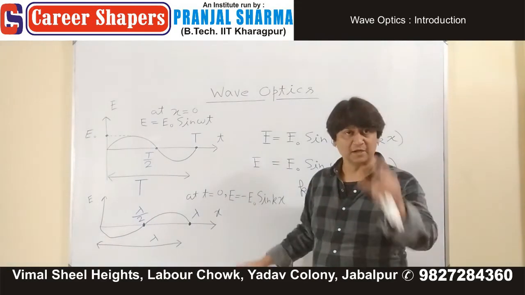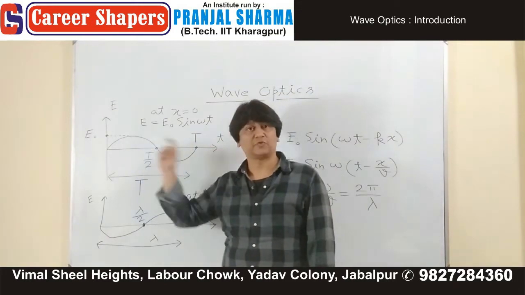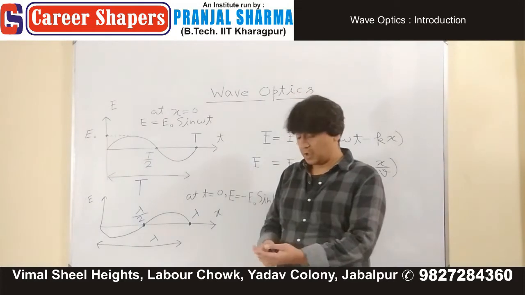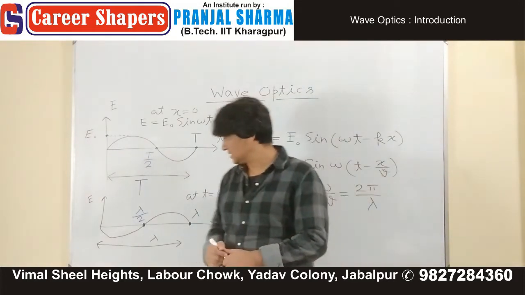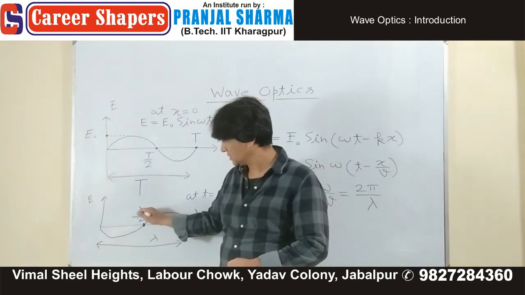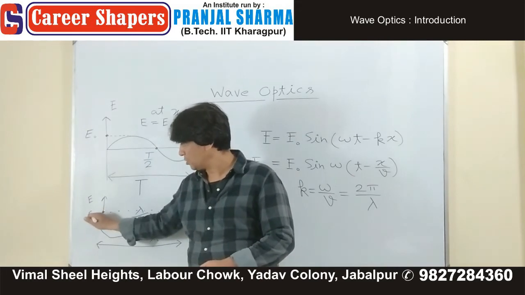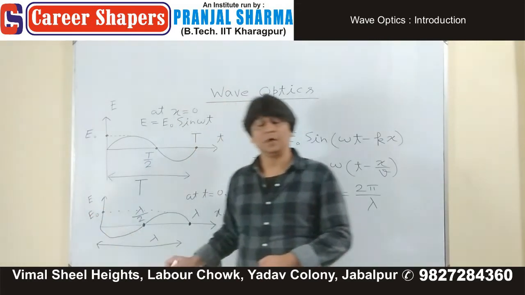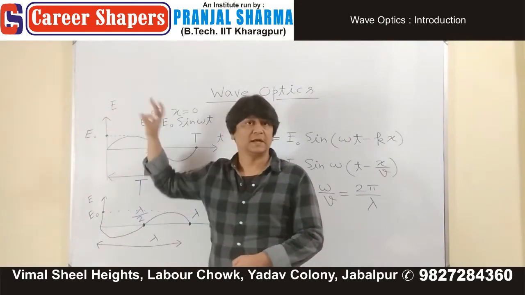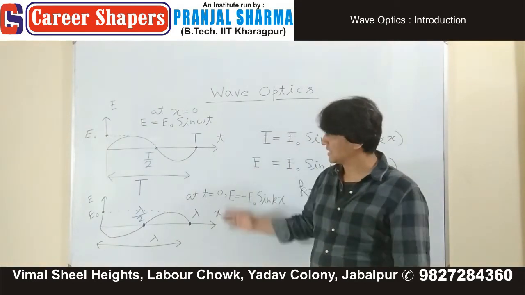Position, meters. Whereas in the first graph, the horizontal axis represents time. What you can compare is this peak. This is no doubt E naught, because on the vertical axis in both graphs we are plotting E. So what basically is the difference between first and second?